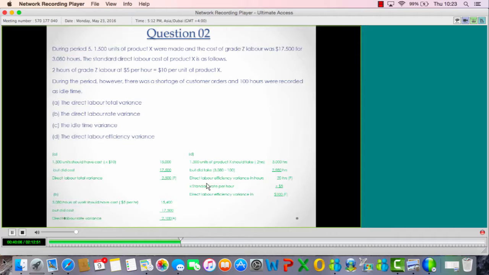So that is how you arrive at it. In this question you can cross-check part A, because the total of B, C, D should come to the total of A. But in exams you won't get all four to calculate.